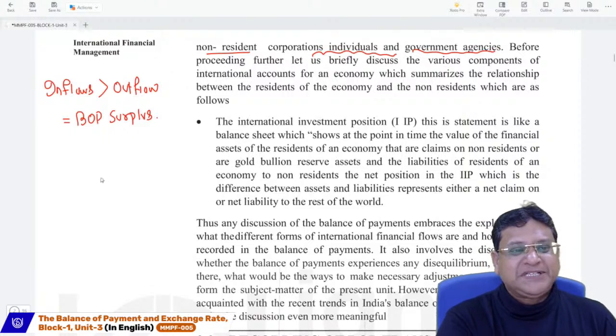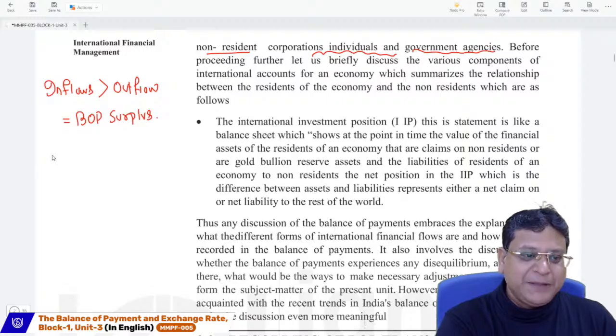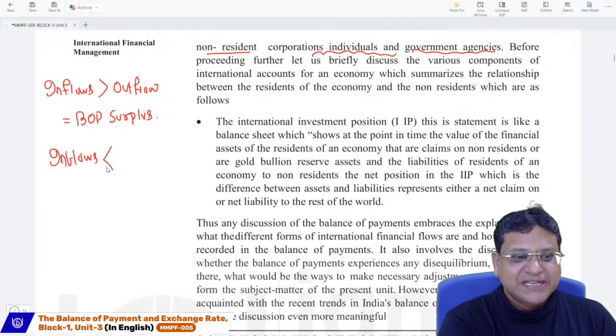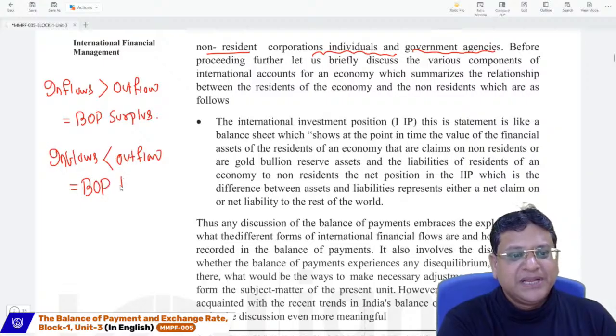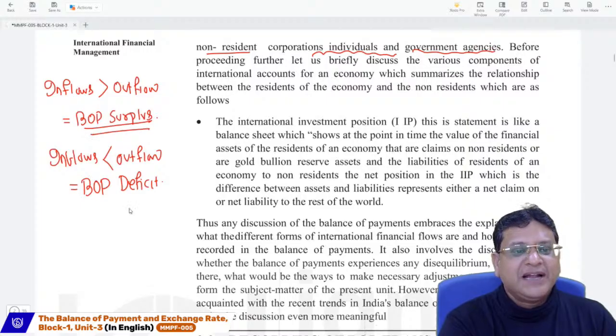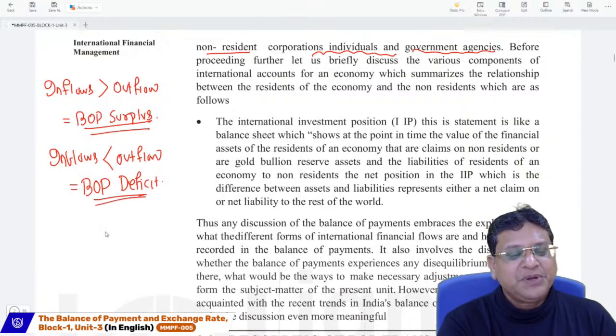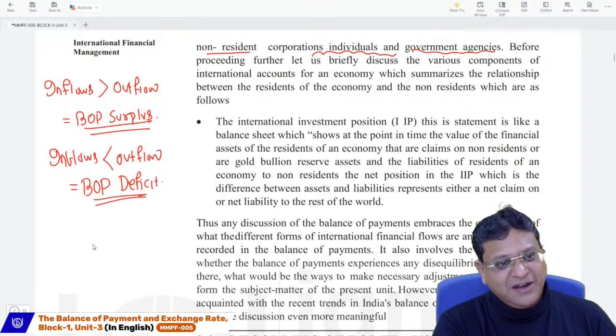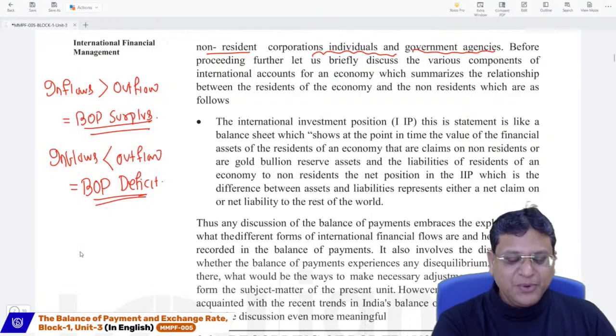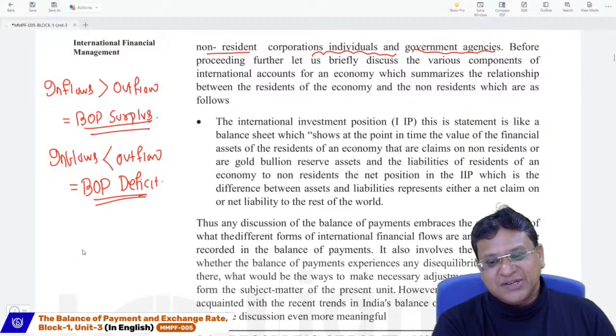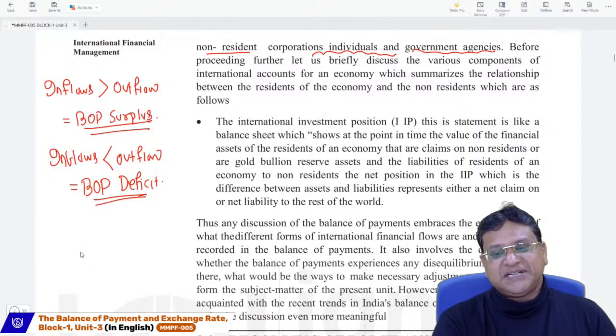And BOP deficit will occur when inflow of foreign currency is less than outflow of foreign currency. So two terms we have to understand: surplus and deficit. How are they computed? When inflow is greater than outflow, it results in BOP surplus. When inflow is less than outflow, it results in BOP deficit.